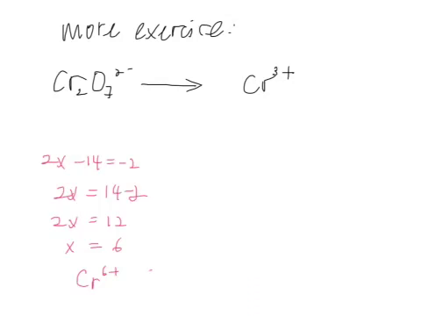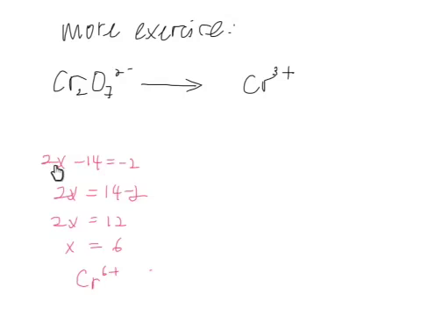So what happens is the overall charge of this entire molecule is 2 minus. And 2 minus is here. You have 2 chromium, 2x, because we would like to determine the oxidation number of chromium, so we name it as x. Well, there are 7 oxygens, and you should know that oxygen always has a -2 charge. So 7 multiplied by -2 gives you -14.